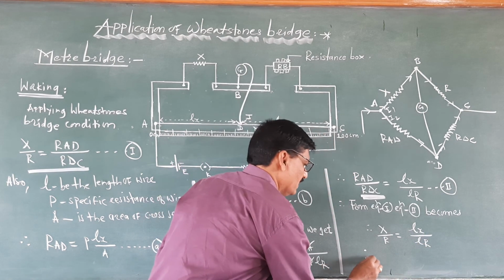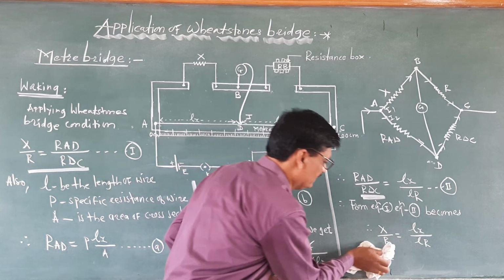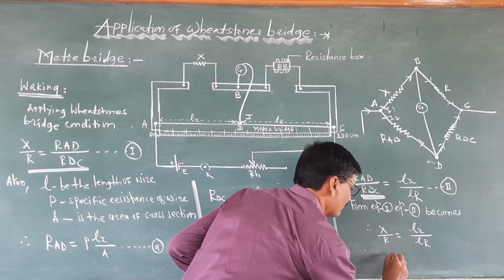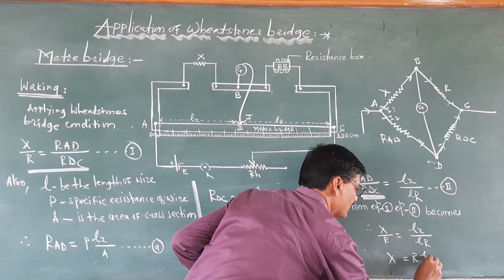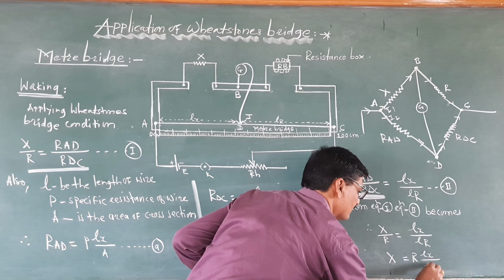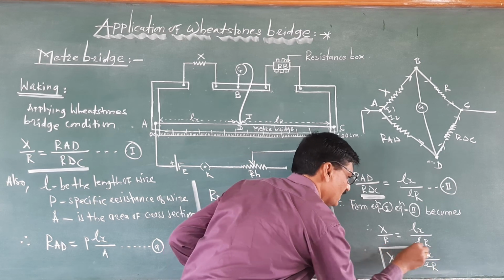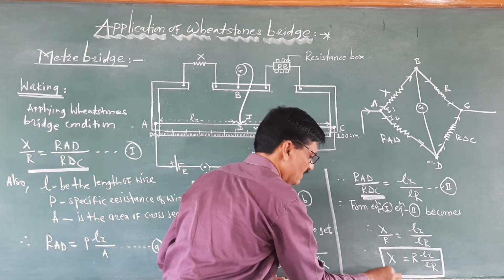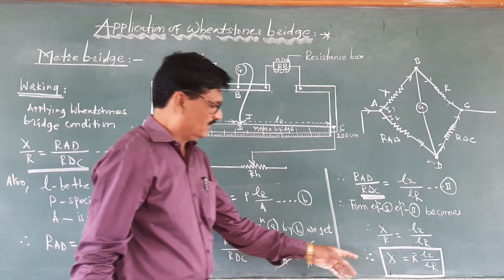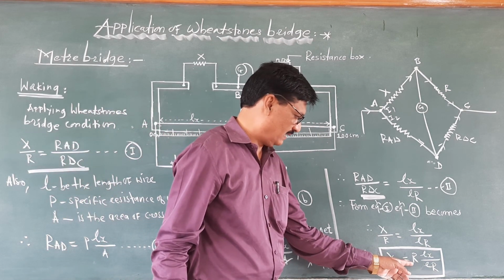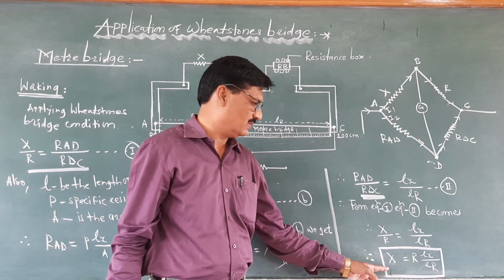And therefore X is equal to R times Lx upon Lr. If we know the value of R, Lx and Lr, then we can easily calculate the value of the unknown resistance.